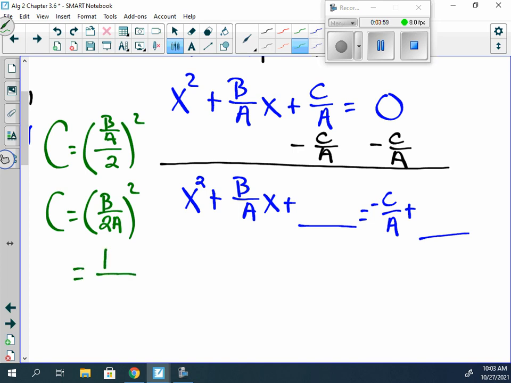Well, b squared is just b squared, and 2a squared, 2 squared is 4, so we have 4a squared. So here is going to be b squared over 4a squared.